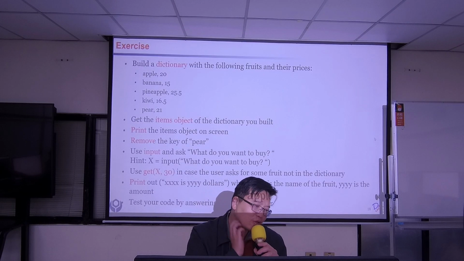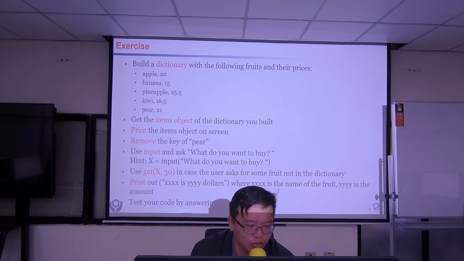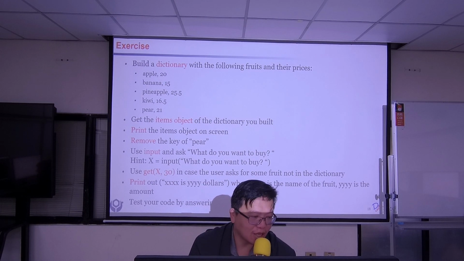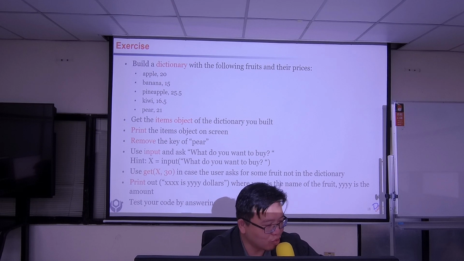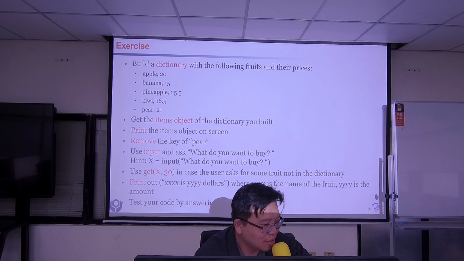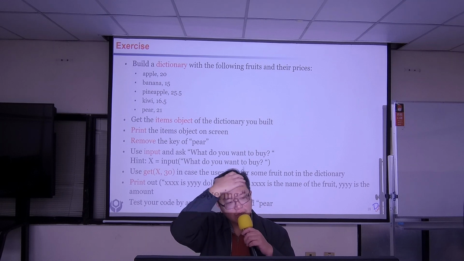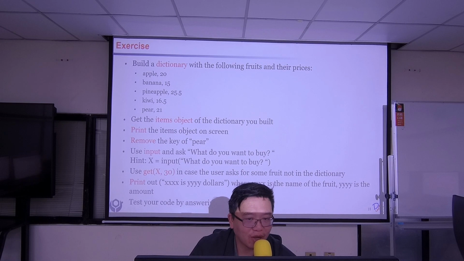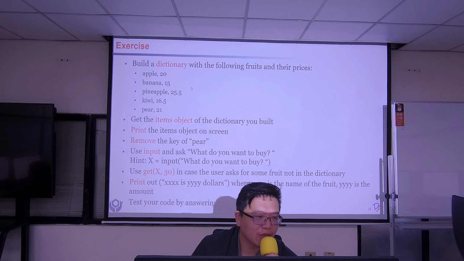Okay, so I want you to practice something like this. Let me explain, and then you can work on this. I want you to build a dictionary with a bunch of fruits and their prices.